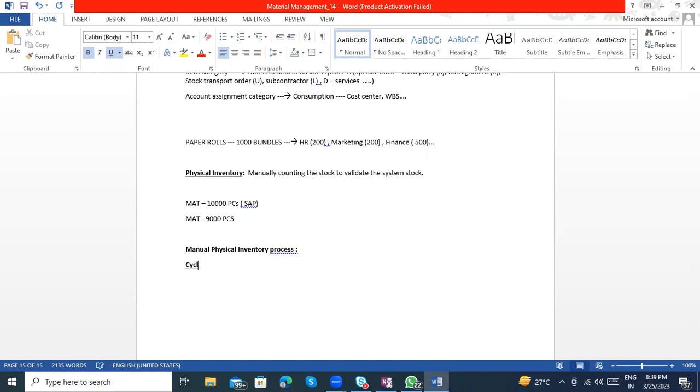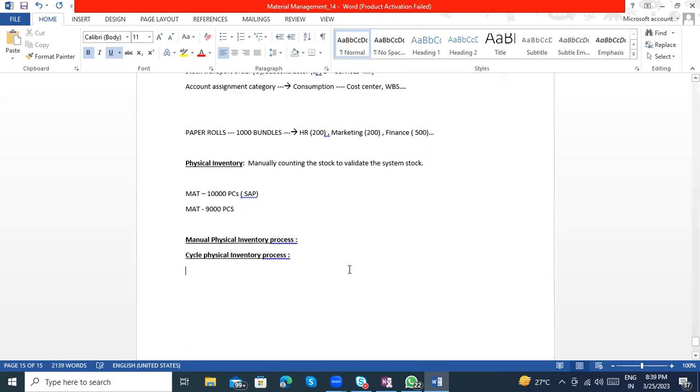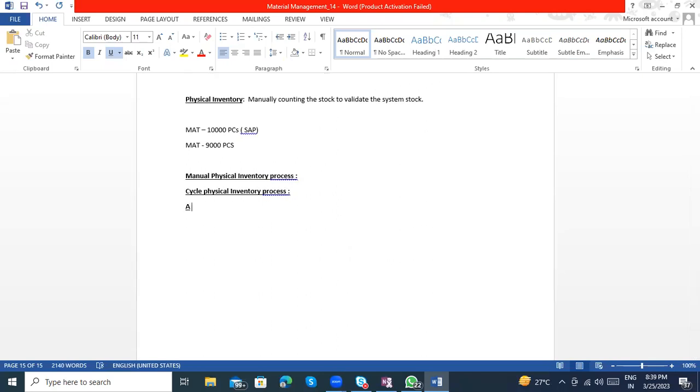And there is one more process, which is cycle counting, the cycle physical inventory process. In this case, I can differentiate with A, B, and C indicators.